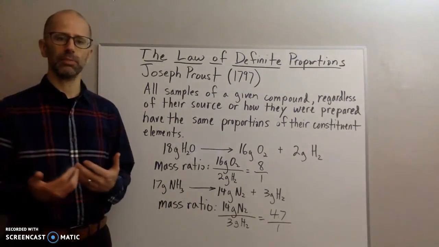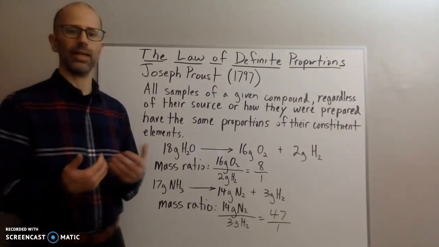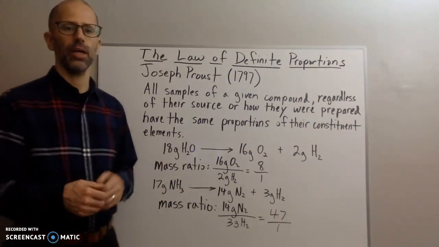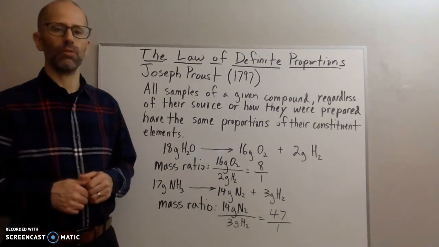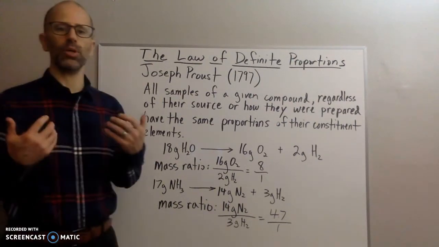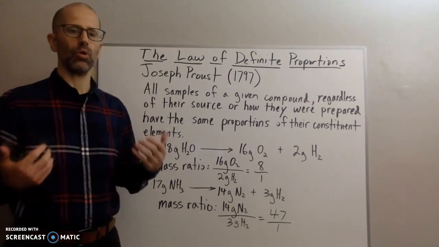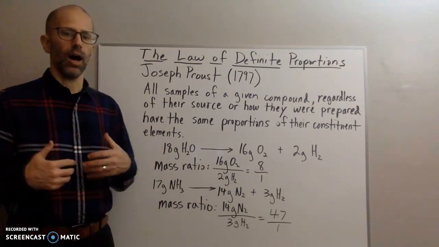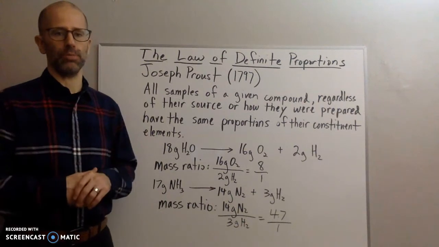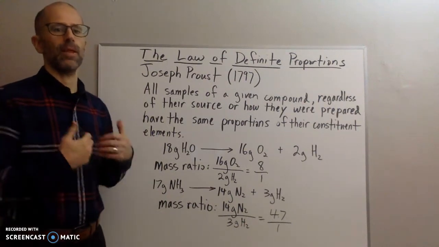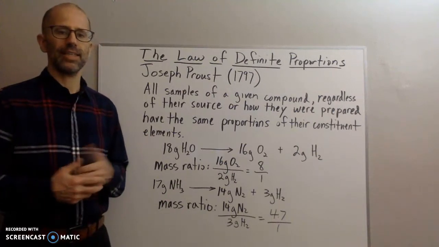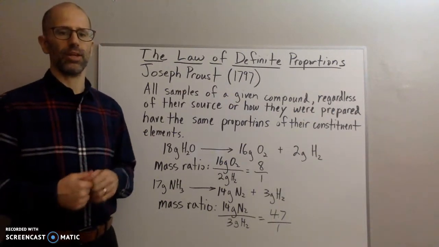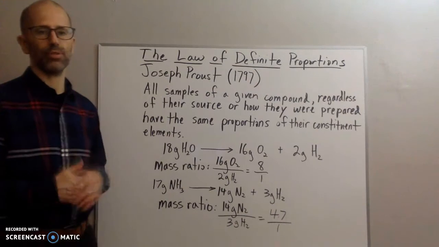So let me just explain again the difference between a law and a theory. The laws are general statements of what we observe in the world around us. Theories explain what we observe. So here we are setting ourselves up to see how the atomic theory can explain the laws, these observations.